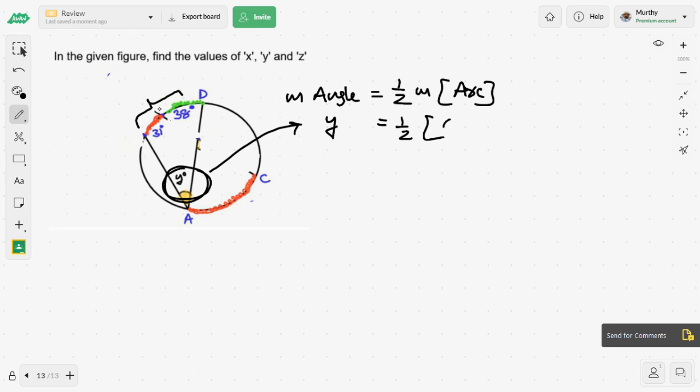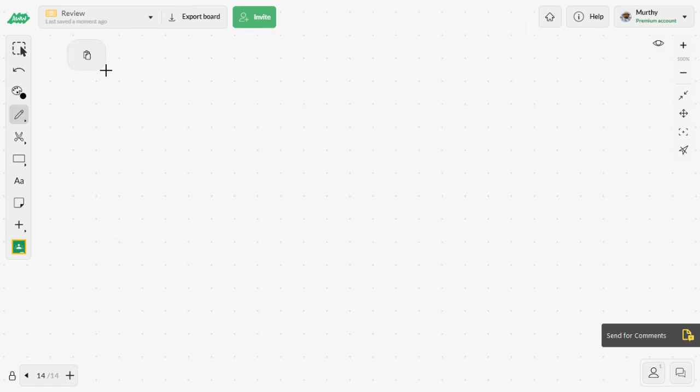So that makes 69 degrees. Does it make sense? 69. So half of 69, compute using your calculator, that's the value of y.